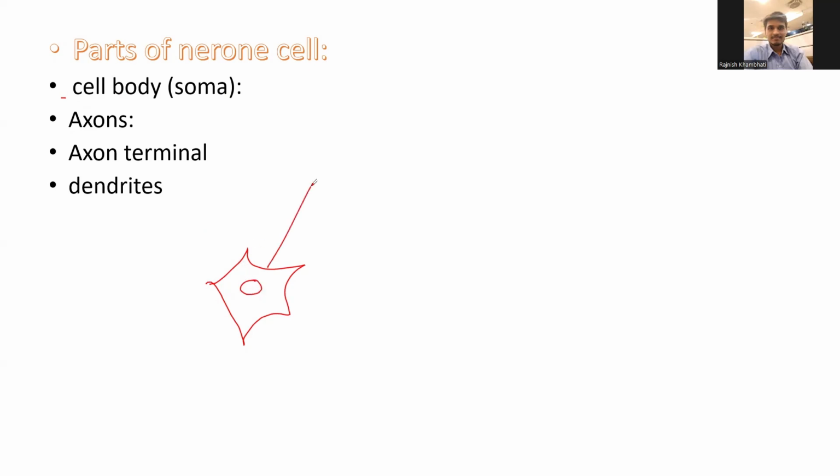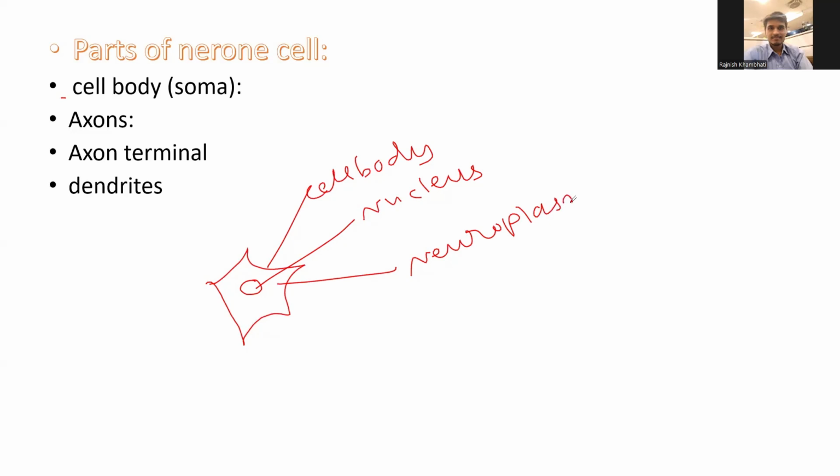Inside it, the cytoplasm is present, and the cytoplasm of the nerve cell is known as neuroplasm. Now this is all about the cell body, part number 1.